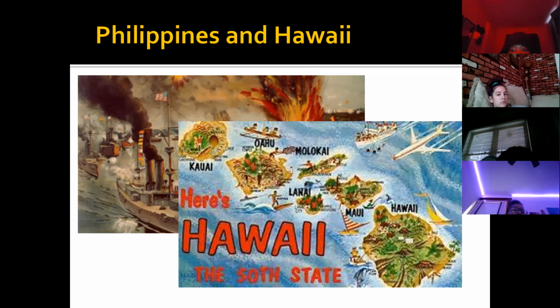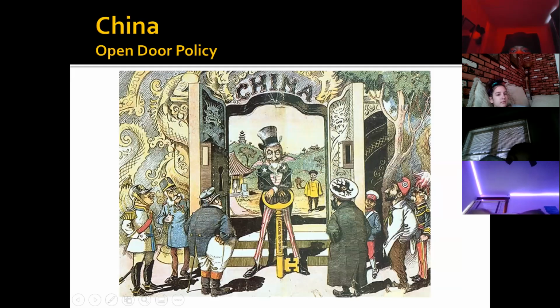Now, why is the United States so interested in this little island in the Pacific called the Philippines? It is because of China. As you might remember from world history, in the 1890s, China was pretty weak and had been split into areas called spheres of influence by European powers.